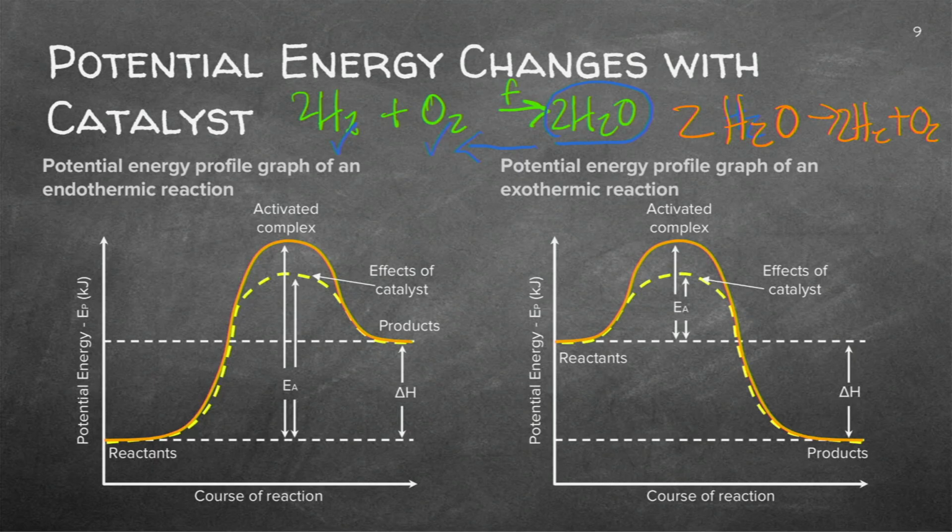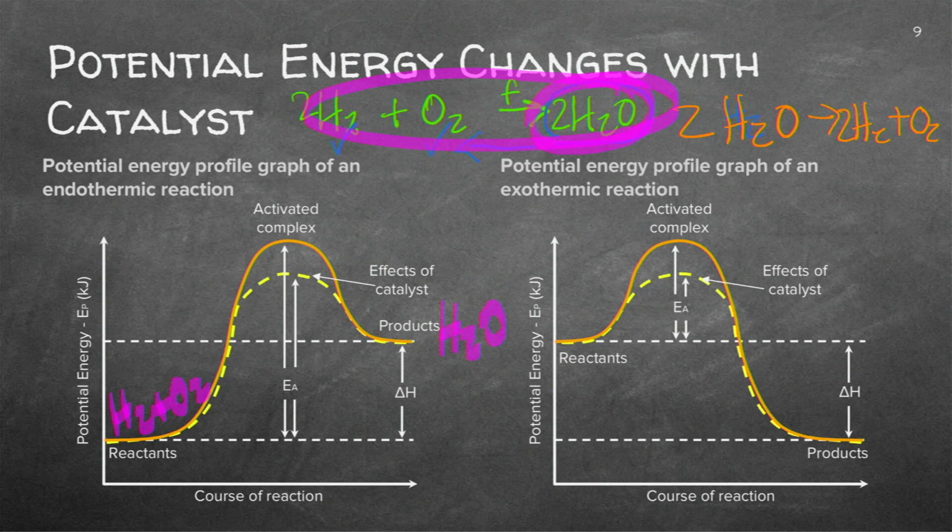So what does the graph do with forward and reverse reactions? Well, firstly, the graph as it's given to you is always the forward reaction. If I have a look at the reverse reaction, now the product of this reaction was H2O. The reactants are H2 and O2.